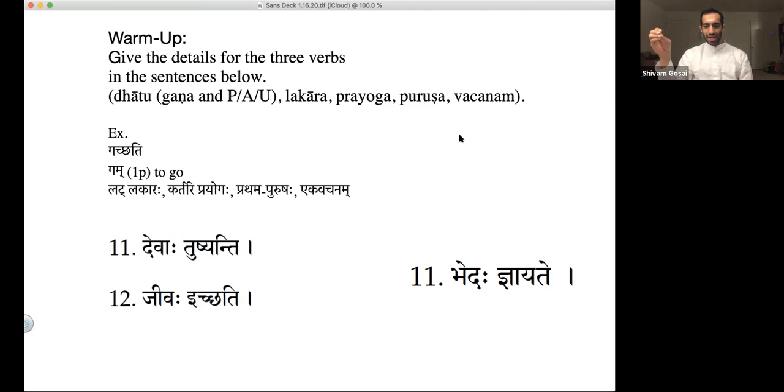It's lat lakara and karmani prayoga, because we have the dhatu as it is, we have yakara, and we have an atmanepada type suffix. All those indicators are there, so we can say it's passive voice. Pratama purusha ekavachanam. Beda means differences. So the differences are known. Differences between kartari and karmani prayoga should be known.